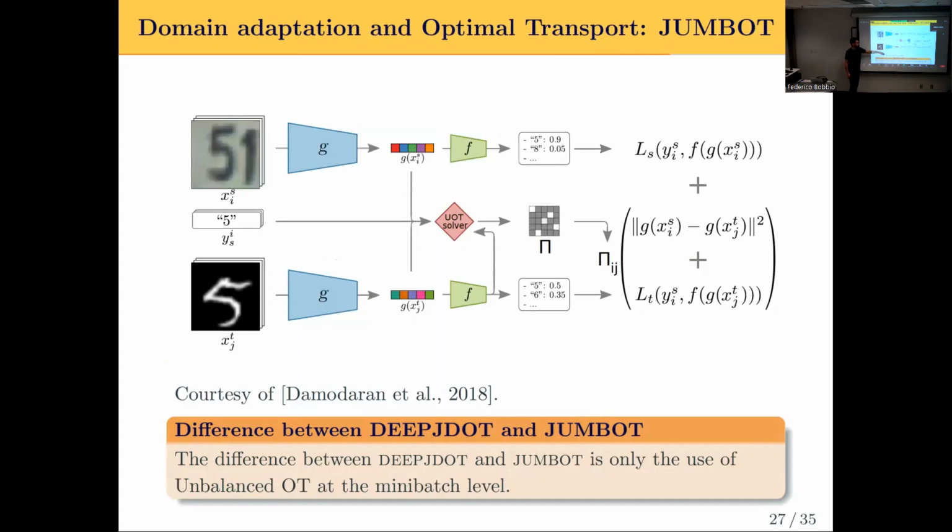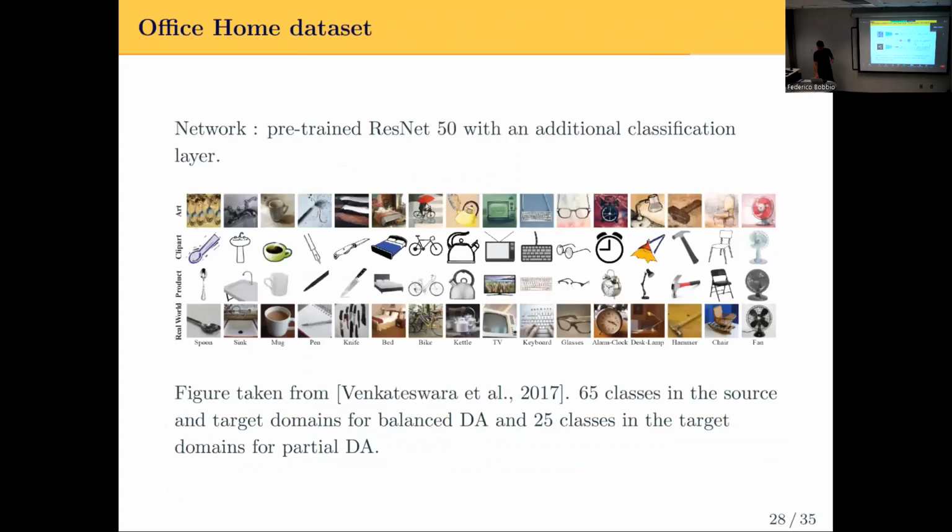We embed them, so we get their extracted features. And then using their extracted features and the predictions and the labels in the source domain, we define a new ground cost, which will align the two distributions. And we also use a typical cross-entropy on the source domain. I do not go into the details of the algorithm too much.